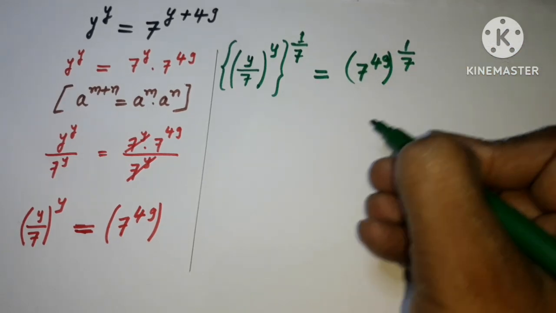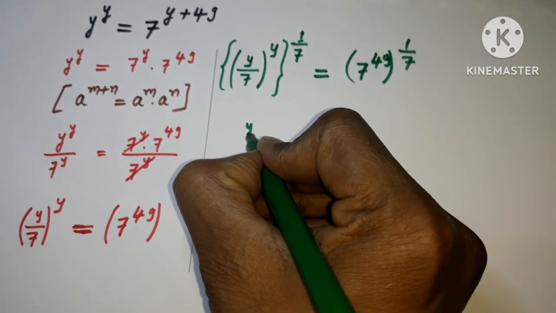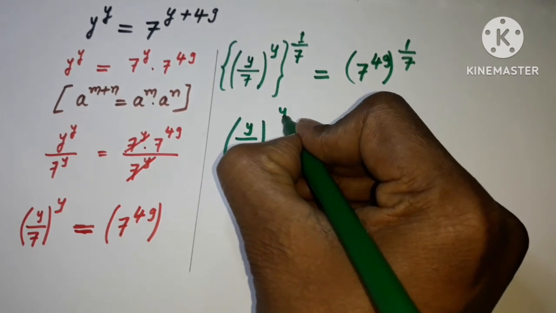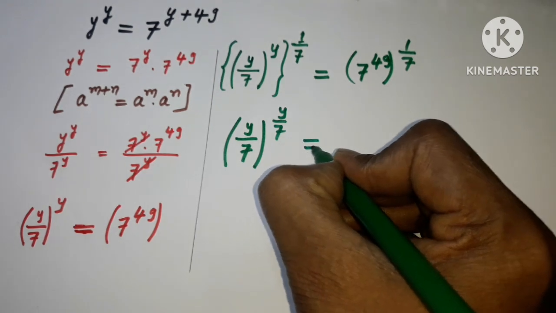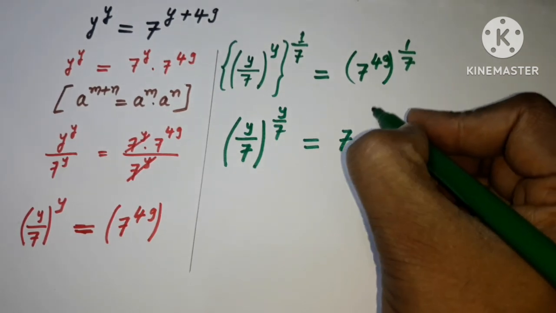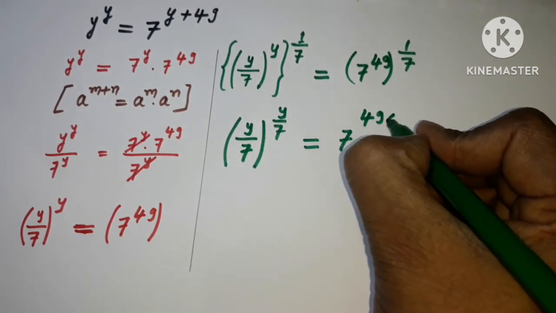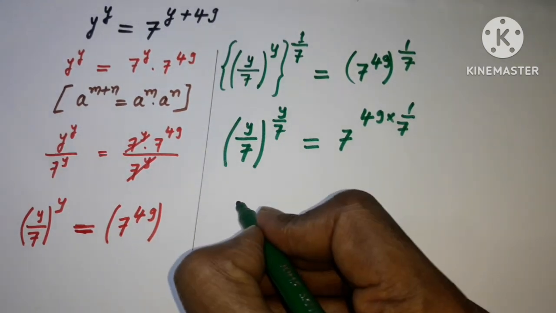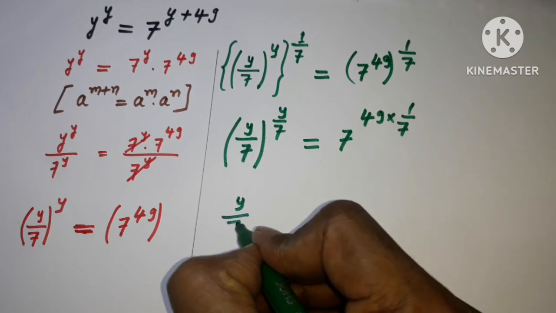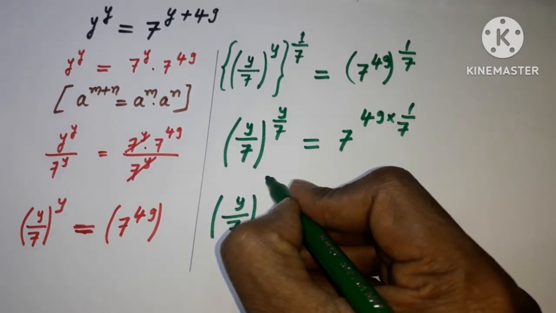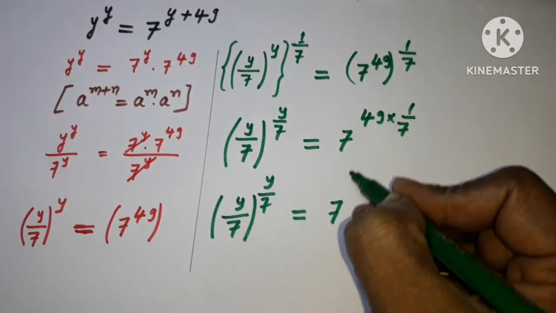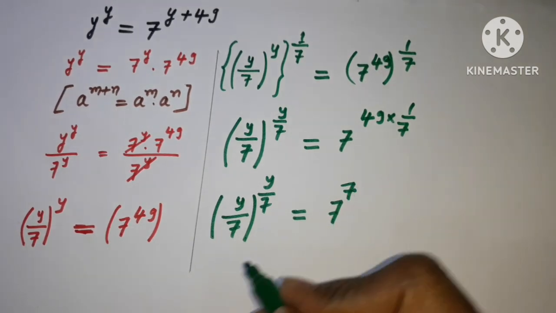So it will be y by 7 to the power y by 7 over here, and here 49 into 1 upon 7, so it is coming 7 to the power 7.